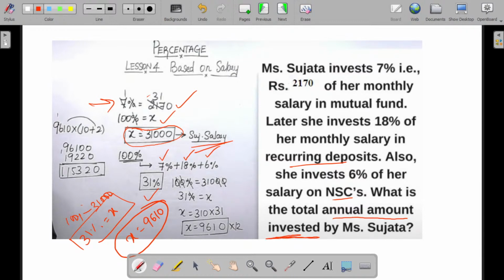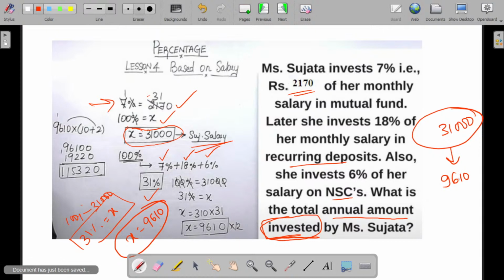So they are asking how much invested, not the total salary. So investment for 1 month is 9610. Her salary is 31,000, that we get from this value. So out of this, she is investing 9610. So this monthly investment into 12, we will get 1,15,320.